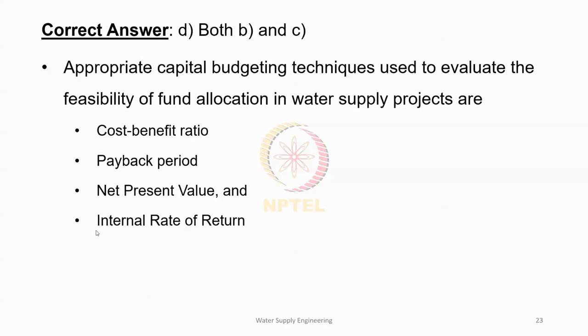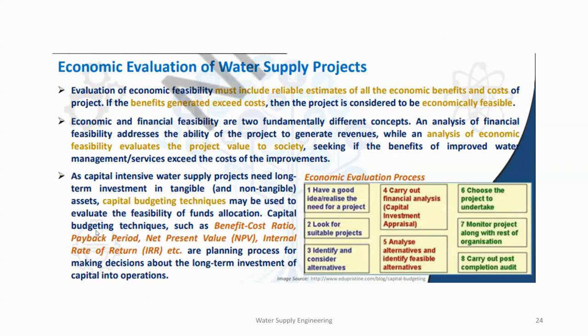So, appropriate capital budgeting techniques used to evaluate the feasibility of fund allocation in water supply projects are cost benefit ratio, payback period, net present value, and internal rate of return. So, the economic evaluation of water supply projects includes reliable estimates of all the economic benefits and costs.